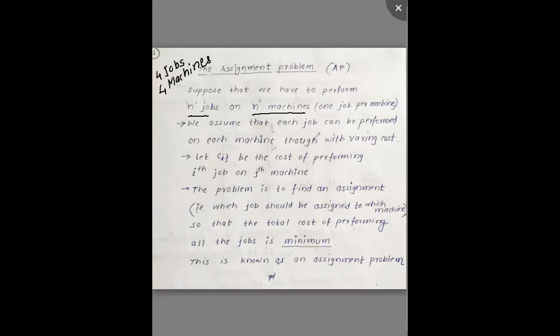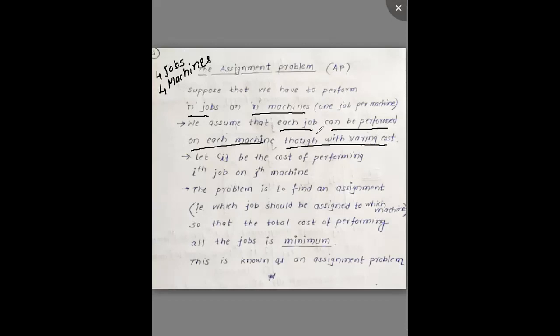We assume that each job can be performed on each machine. First job can be performed on all these 4 machines. Second job can be performed on these 4 machines. Third job can also be performed on these 4 machines, as well as fourth job. But with varying cost of assignment.